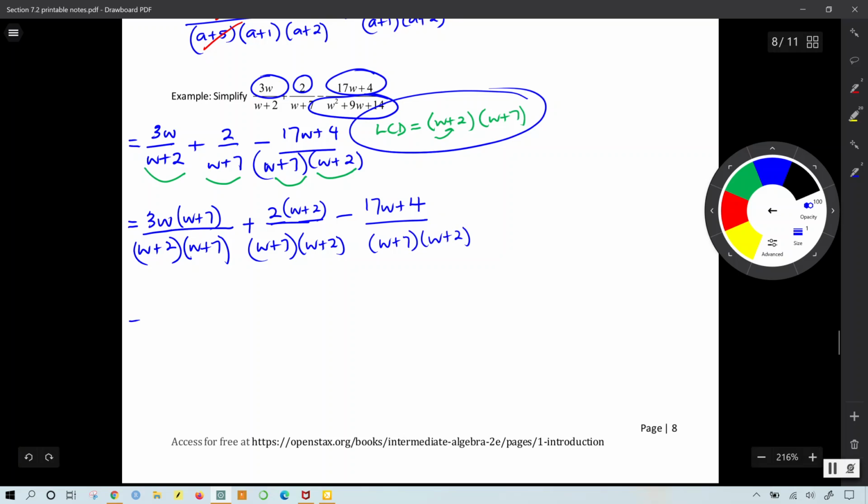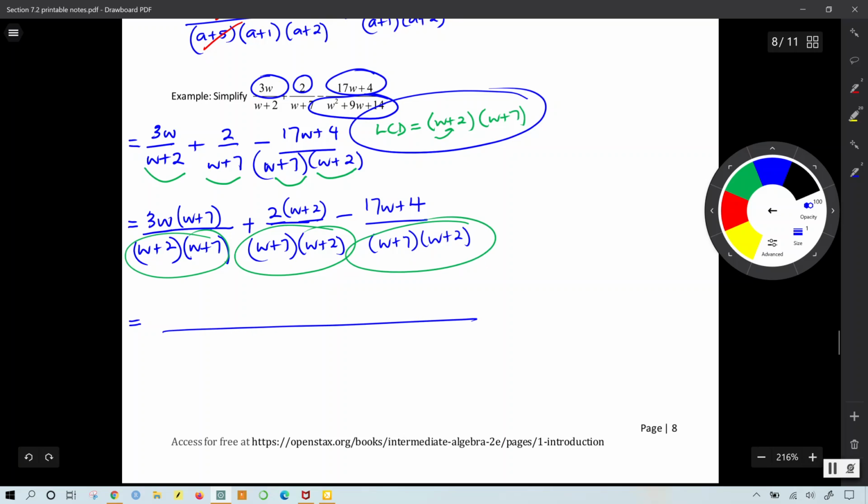And so, since each fraction has the same denominator, we're ready to write that as the denominator moving forward. And now we can focus on the top.